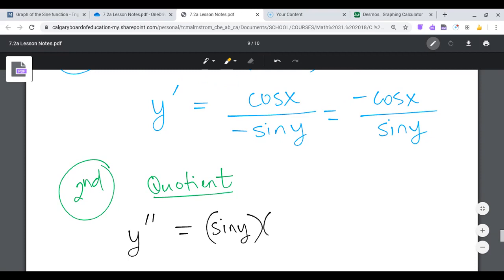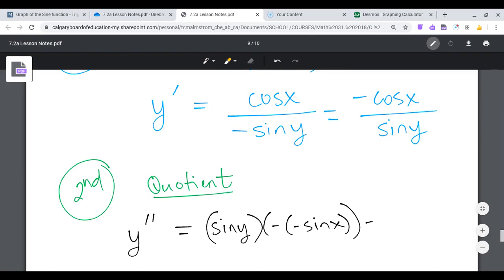multiplied by the derivative of the upper. So the derivative of negative cos x is going to be negative sine x. Okay, really, you could just write positive.